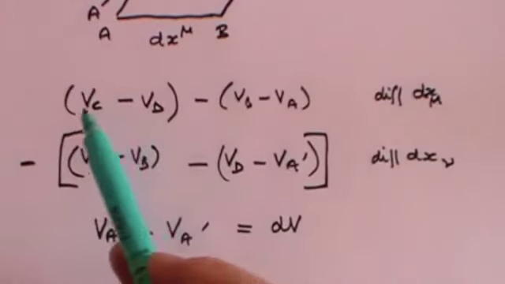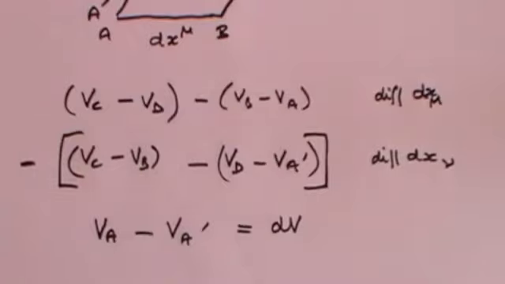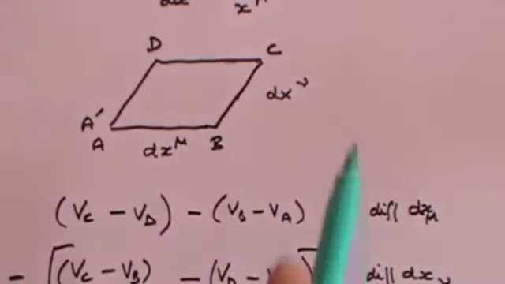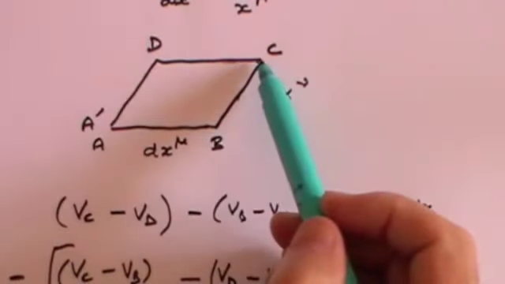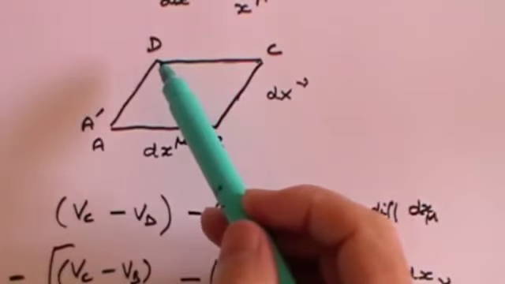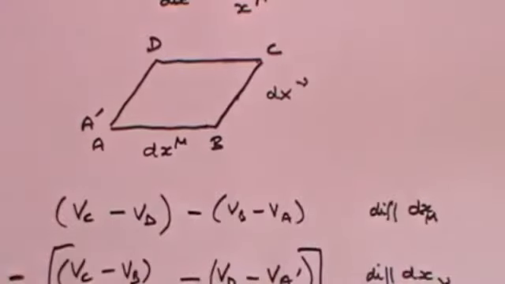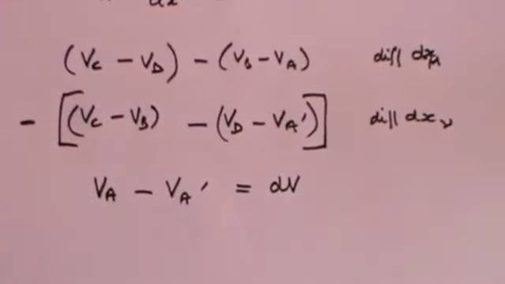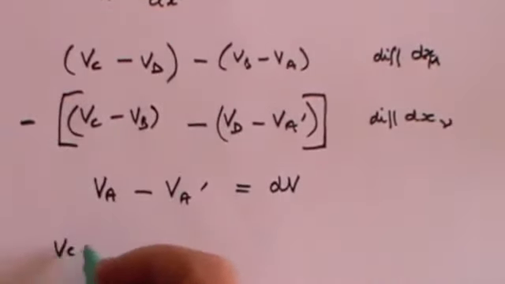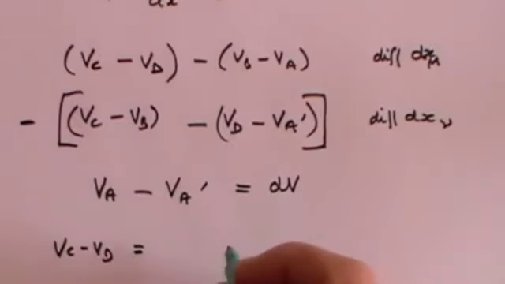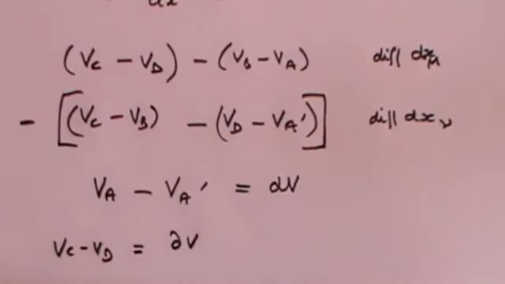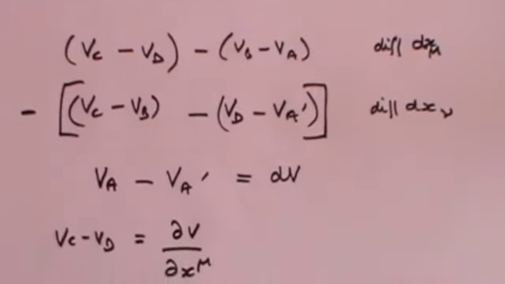Now let's take this first term here, vc minus vd. What actually is that? Well, that is the change as the vector goes from c to d along a distance dx mu. So vc minus vd is simply the change in the vector along the distance x mu.